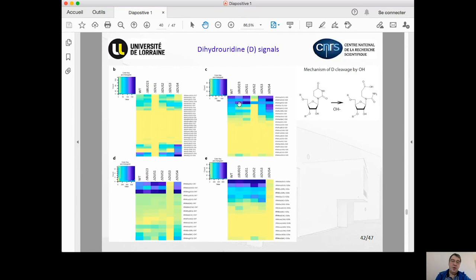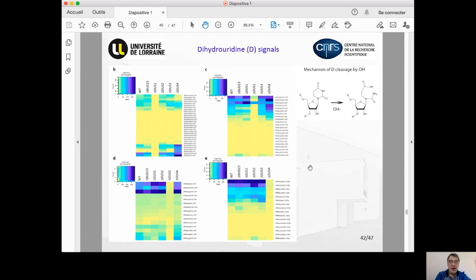So we used it for mapping of dihydrouridine modification in different yeast strains, because there are several enzymes responsible for dihydrouridine synthesis in tRNA, and found that some sites are only partially modified, some are not modified under our conditions, and those show dihydrouridine presence.